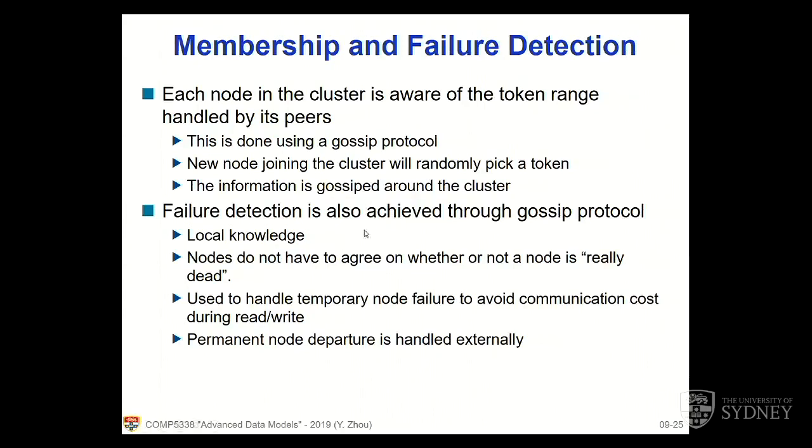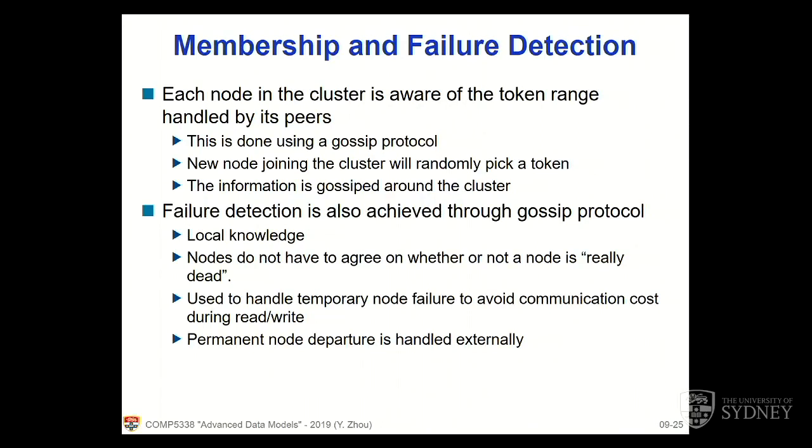And the failure detection is also through this gossip. It's pretty local knowledge, and it's pretty temporary. Periodically you try to exchange some information with your neighboring node, and if you can't get a response, you can flag this node as currently not available, and then you can spread this to your other neighbors.